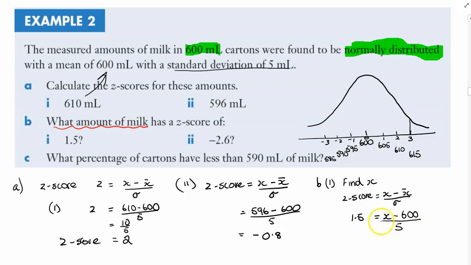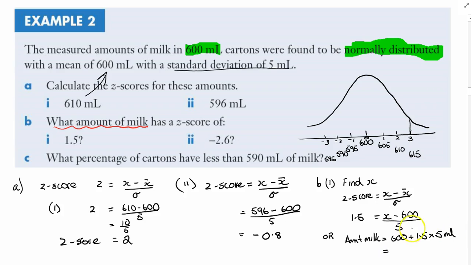We could create an equation and solve it, or we think about what it means to have a Z-score of 1.5. We know the amount of milk will be the average plus 1.5. So we want to add on 1.5 lots of a standard deviation, which is 5 mil.